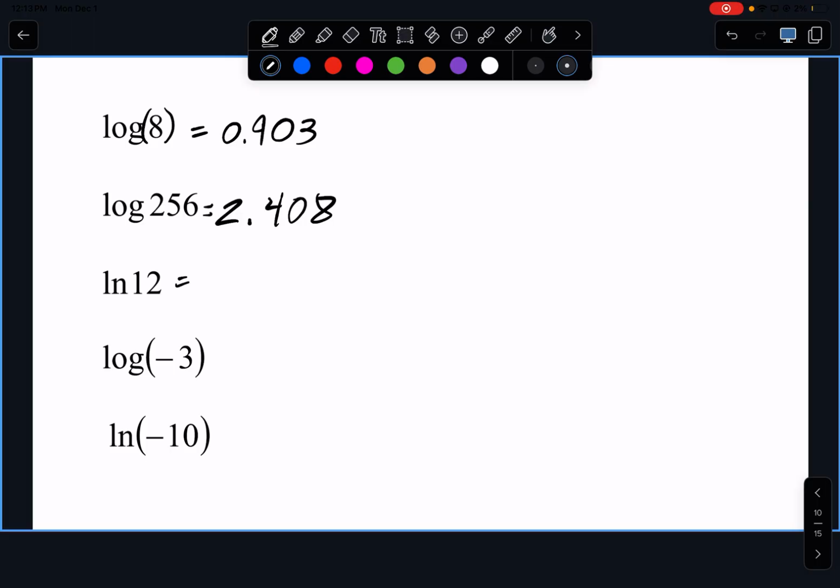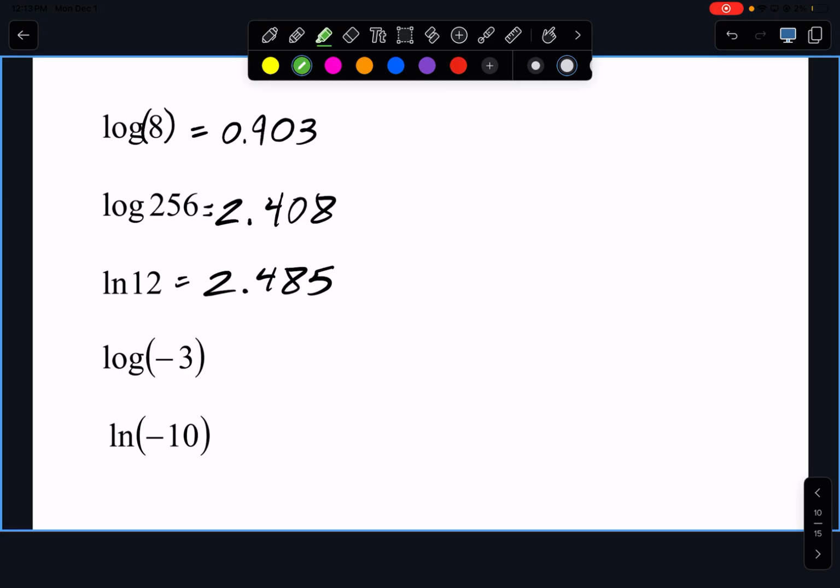Log of 12. Yep. Okay, how about log of negative 3? It says error, right?